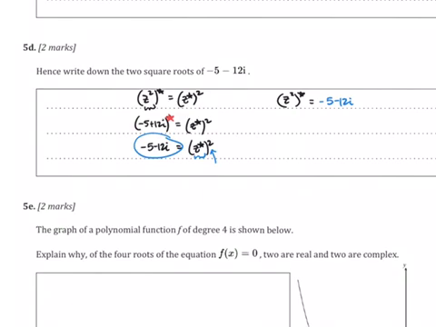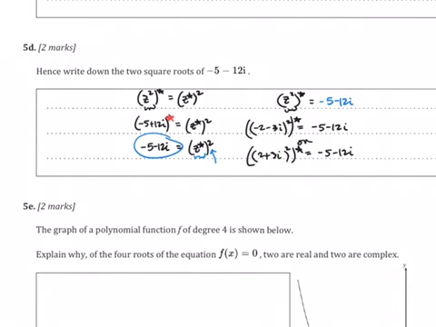So z squared we said was equal to, two possible answers here: negative 2 minus 3i squared star will equal negative 5 minus 12i, or 2 plus 3i squared star will equal negative 5 minus 12i.